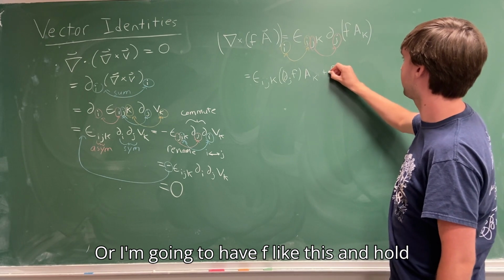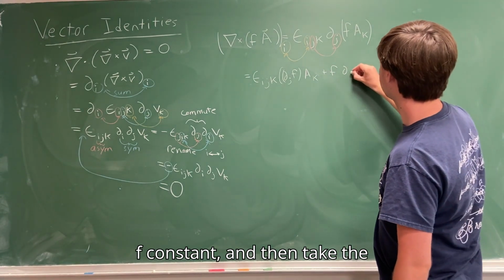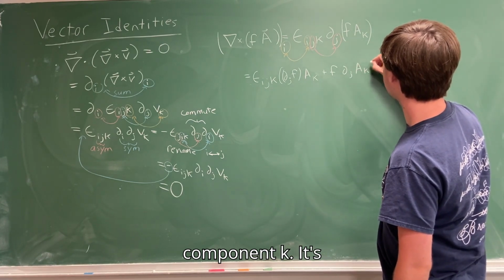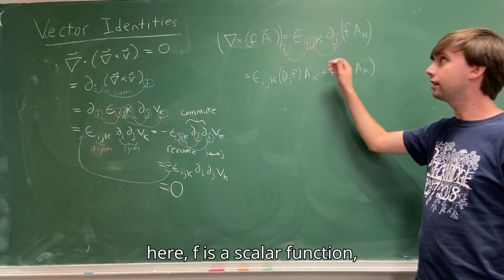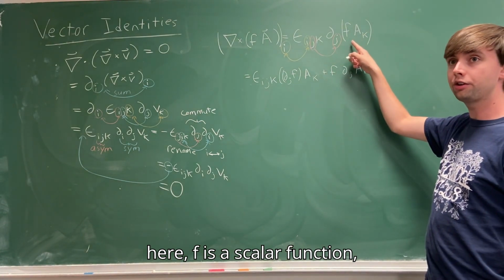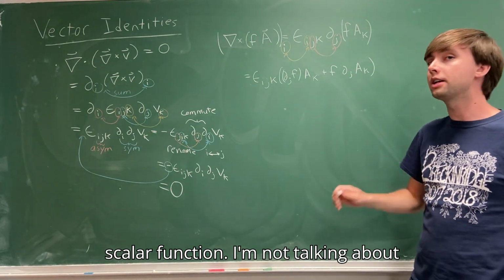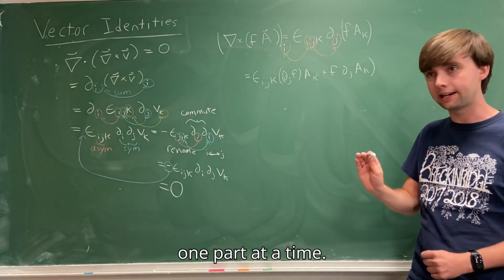Or I'm going to have f like this and hold f constant, and then take the j derivative of vector component k. It's totally fine for me to apply product rule here. f is a scalar function, and the kth part of the vector is a scalar function. I'm not talking about the whole vector, I'm just talking about one part at a time.